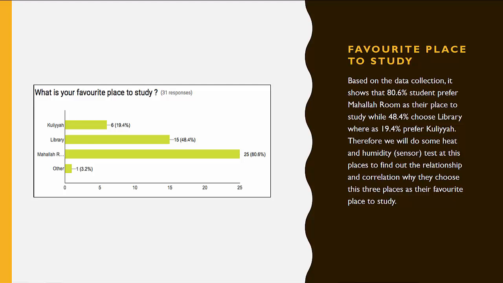Therefore, we will do some heat and humidity tests at these places to find out the relationship and correlation of why they choose these three places as their favorite place to study.